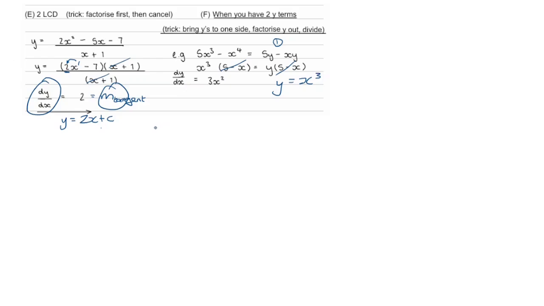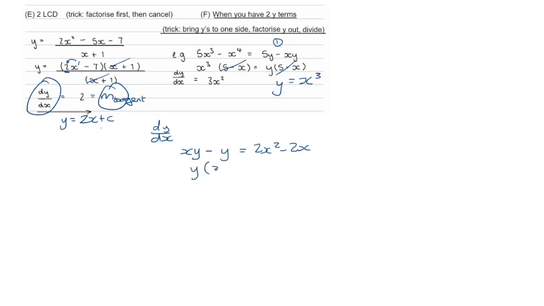Just to give you another example of this, a question says determine dy/dx, so we know that means derivative, and all they give us is xy minus y equals 2x squared minus 2x. And so what are we going to do? Get the y's to one side. They've done that for us.